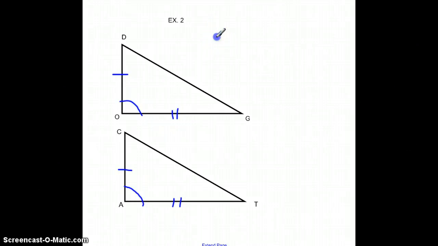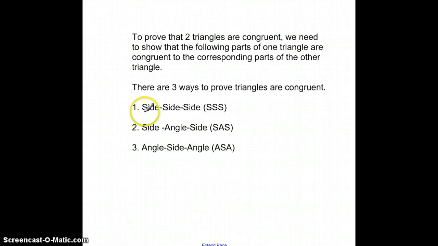So here what we've got is triangle DOG is congruent to triangle CAT by, and so which of these three methods would that be? Is it side, side, side?